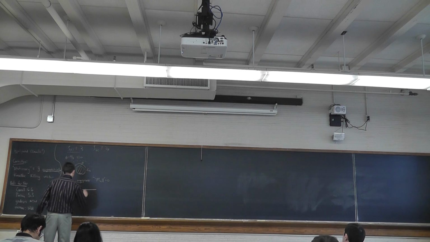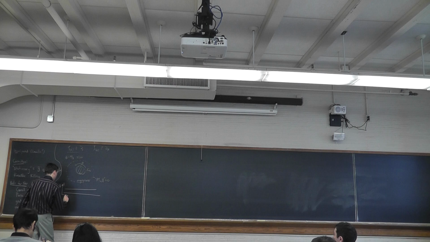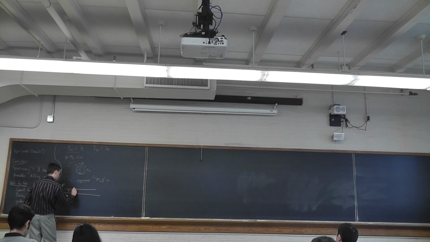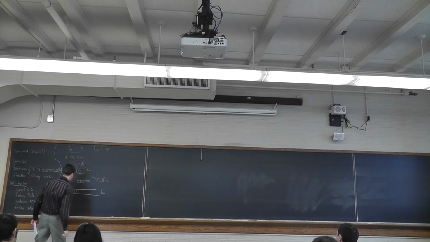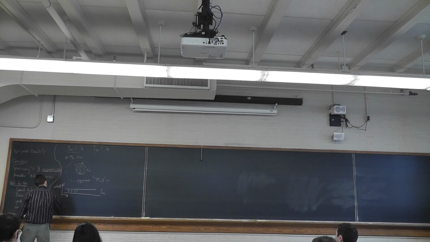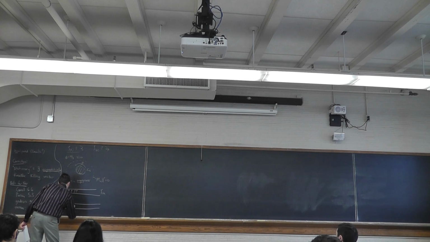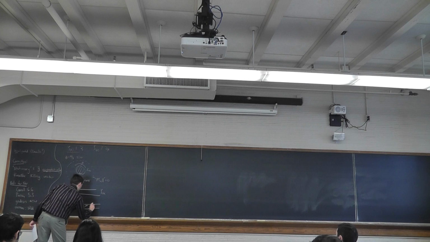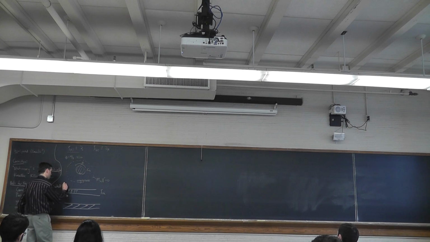So outside the ergosphere, if I draw just the t and phi directions, the t vector does something like this, and inside it tips over and does something more like this.